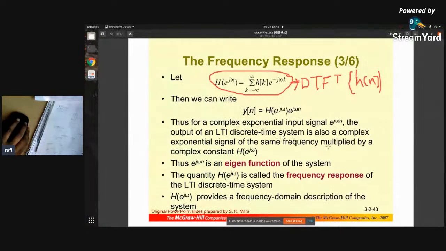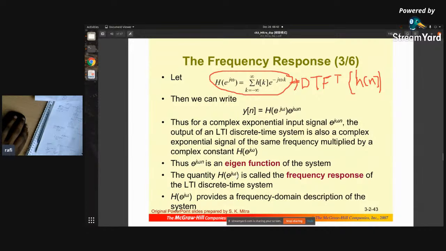So what does it say actually? It is a function of omega again. Means in the frequency domain, this is a function of omega. The frequency response of the system gives us how the system is behaving at various frequencies. Since it is a complex quantity, that means it is not real, H of e power j omega is a complex frequency domain function.